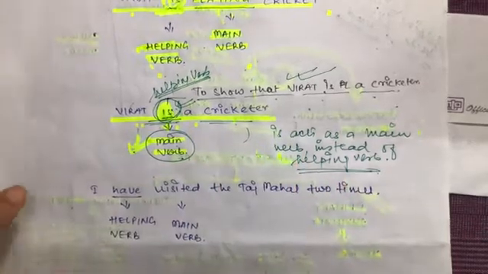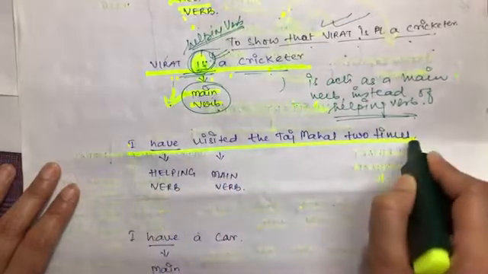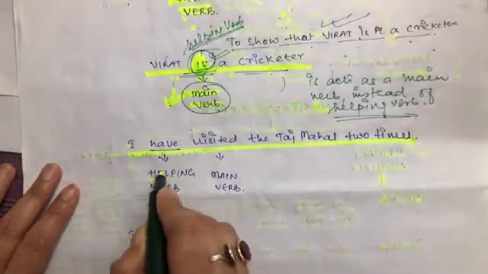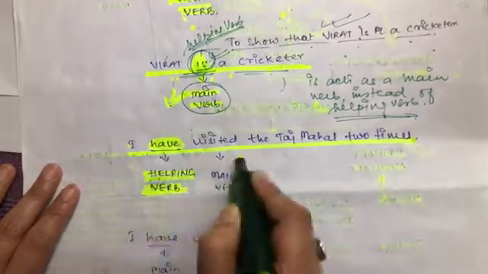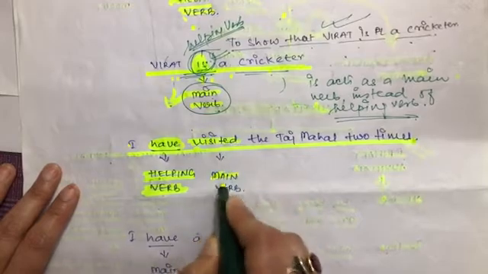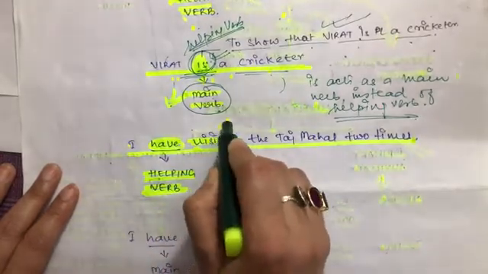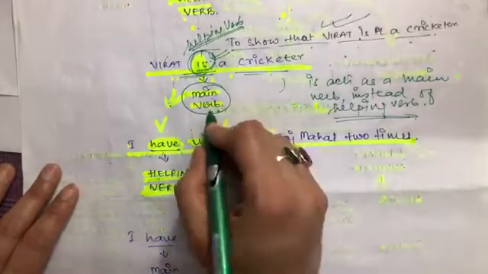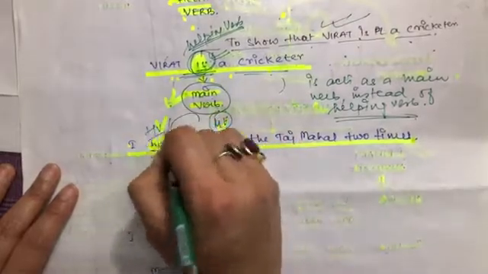Now take up another example. I have visited Taj Mahal two times. Here have is the helping verb and visited is the main verb. Here two verbs are there: one is visited, another is have. So this becomes the main verb and this becomes your helping verb.